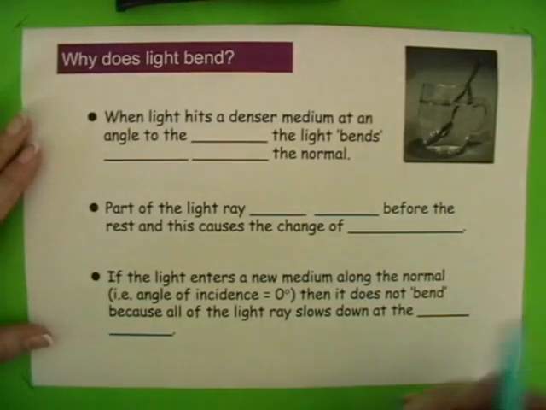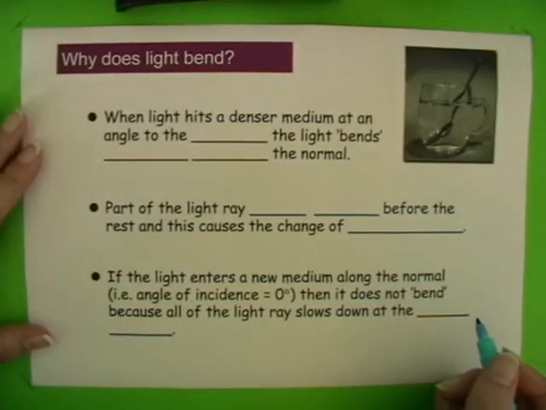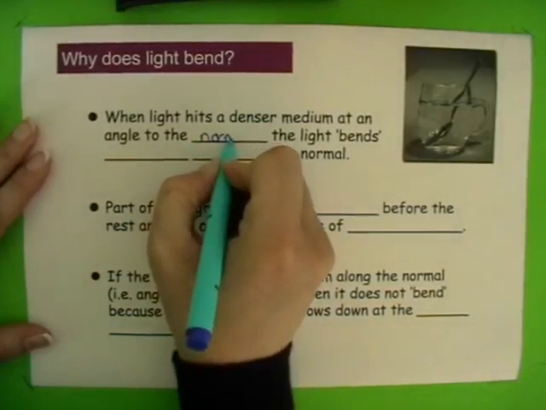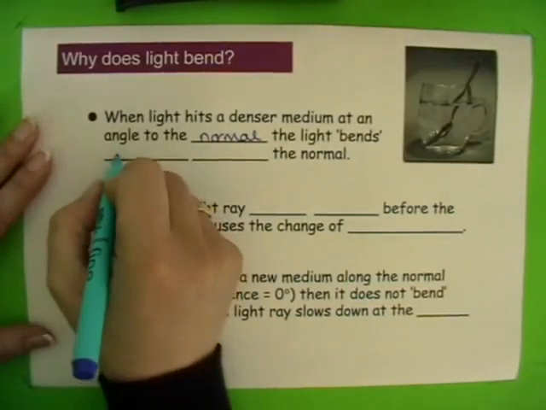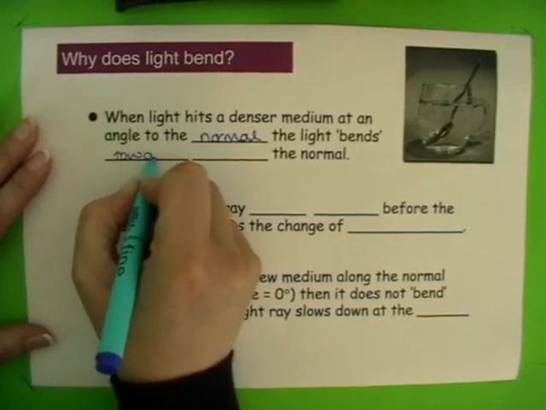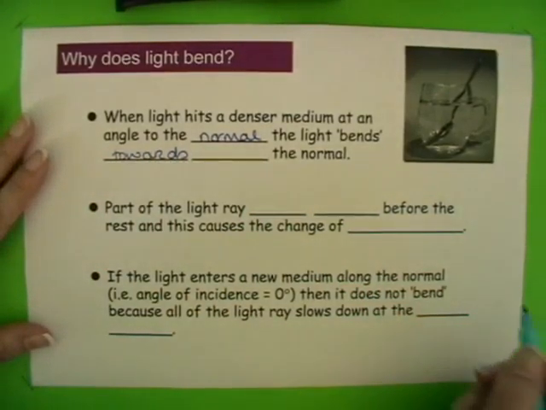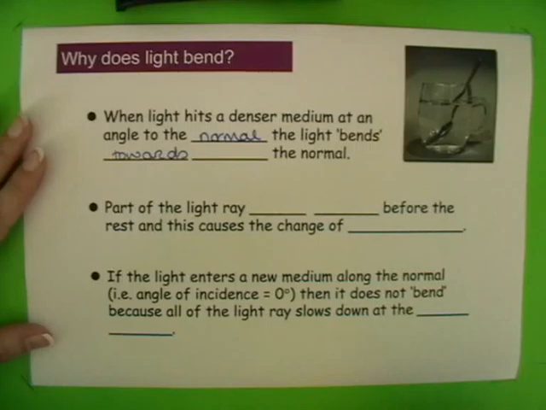So, why does light bend? Well, when light hits a denser medium at an angle to the normal, the light bends towards the normal. And this is because part of the light ray meets the surface before another part of it. If you think of the width of a ray, then part of that light ray is meeting the surface first, and then the other parts are meeting it afterwards.